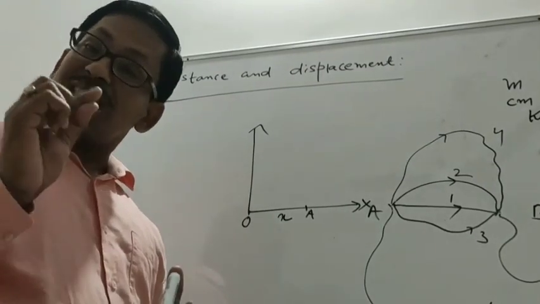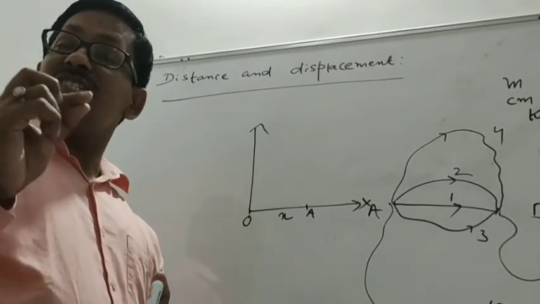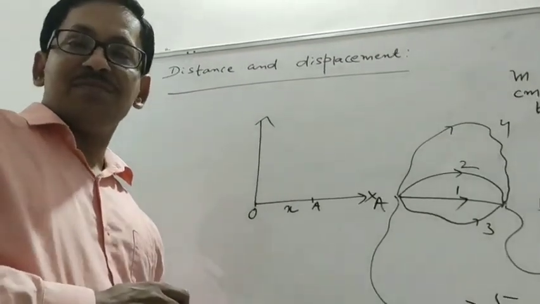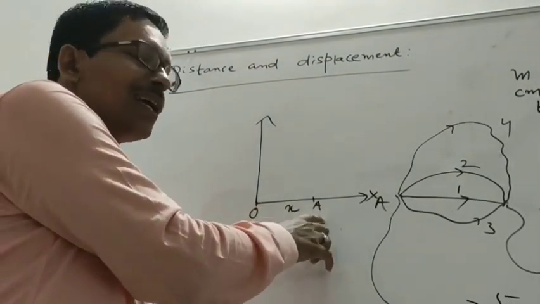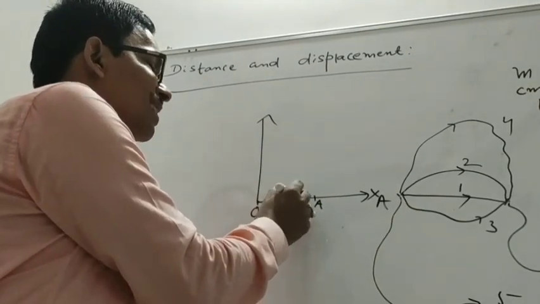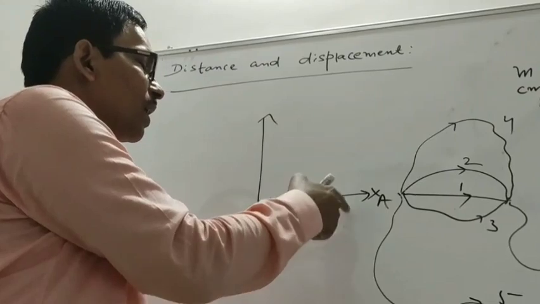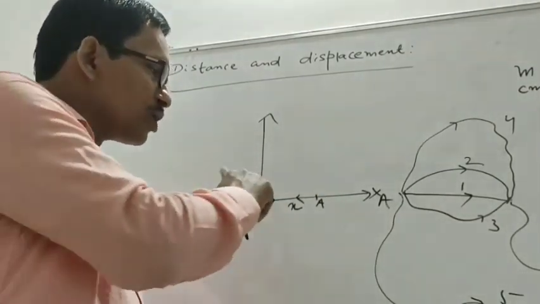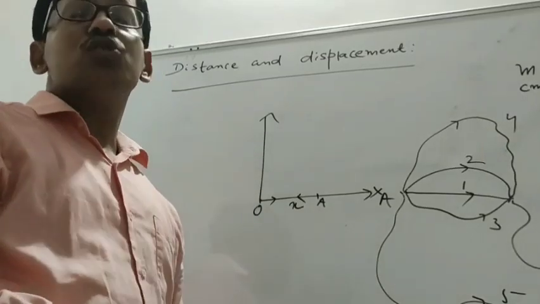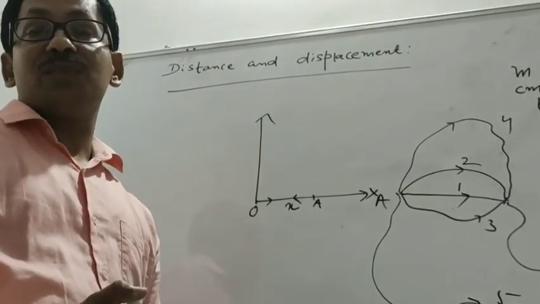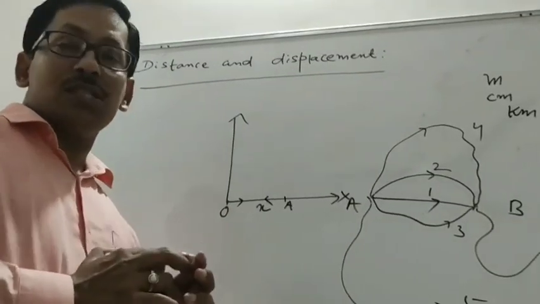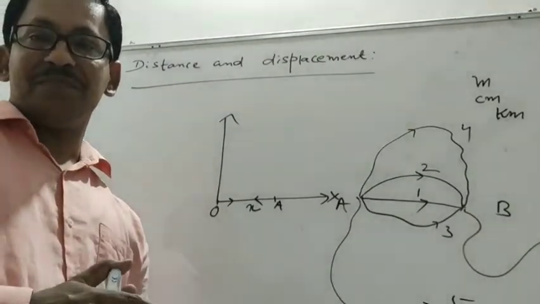Because remember, displacement is the shortest distance between initial and final position. Now it is going from O to A, and again it is returning back to O. When it is going from O to A, it is plus x. When it returns back, it is minus x. So total displacement is 0, because here initial and final position coincide.